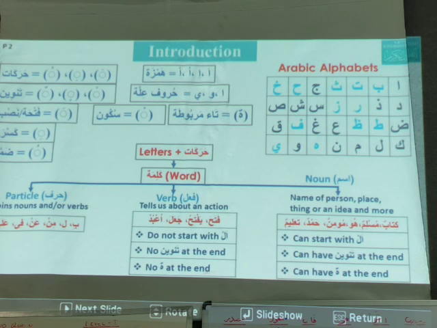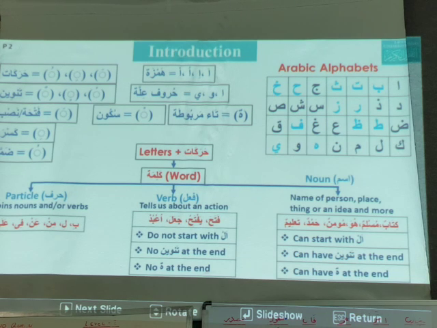Okay. We also touched upon how to differentiate sometimes. If a word has an al before it, it will always be a noun. If it has a tanween at the end or a ta marbuta at the end, it should be a noun, not a verb. Verbs do not have these things. The particles do not come alone.